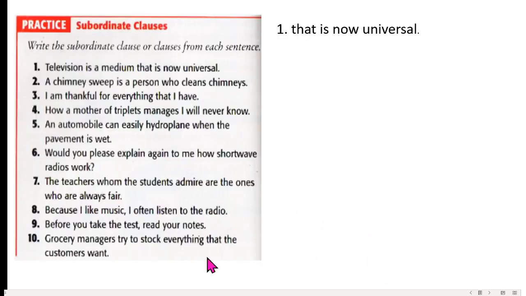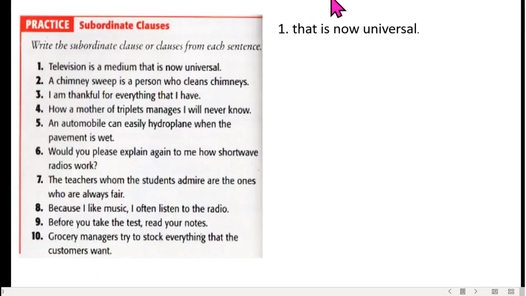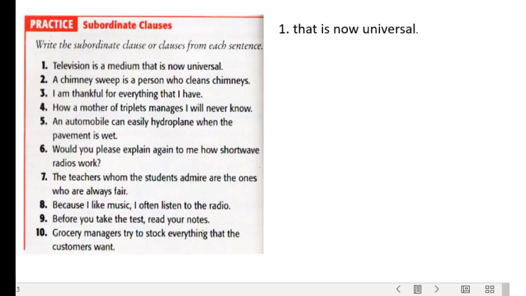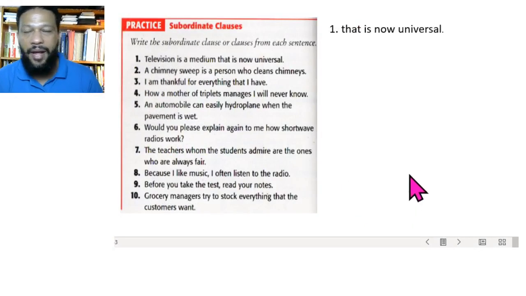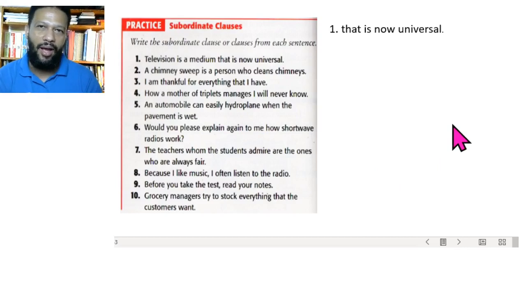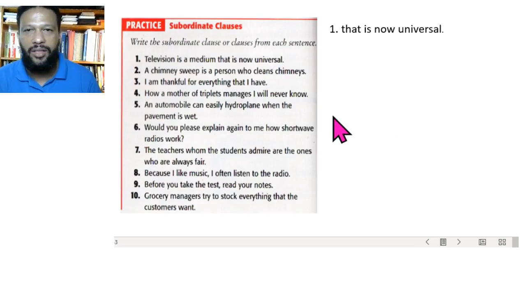Now we have a couple of exercises here, and as always, I make the first one, the easiest one, so that you go complete the other exercises. Television is a medium that is now universal, and they're asking you to write the subordinate clause or clauses from each sentence.